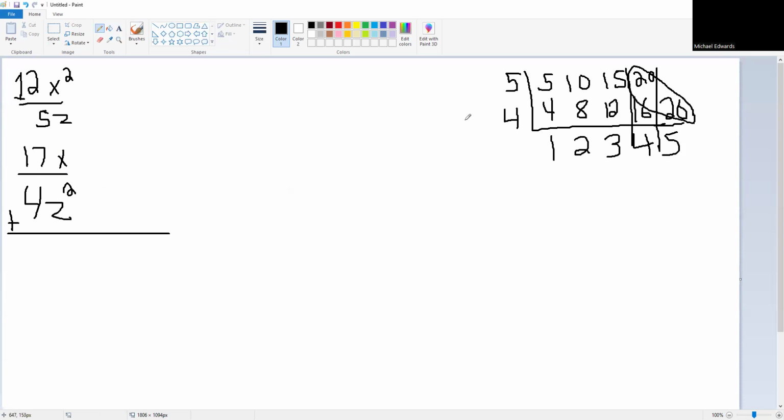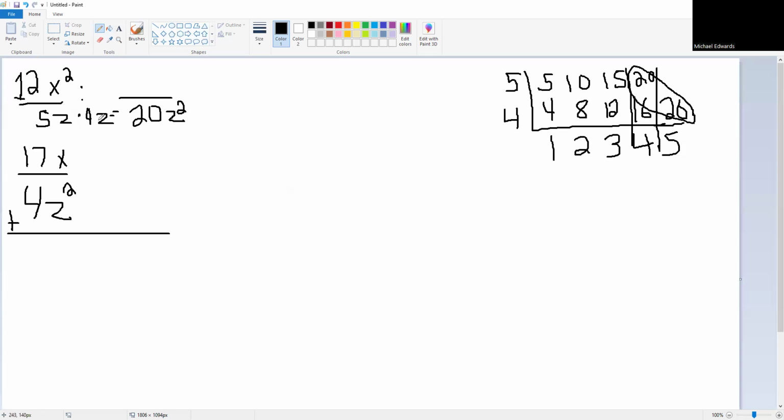Okay. So we found out that on this one with 5, it's a z, and this one's a z squared. So we'll need to add a z to this one, to the 5. So let's do that. This was a 4. Well, multiply by z. Our answer is going to be there. And that will give us 20z squared.